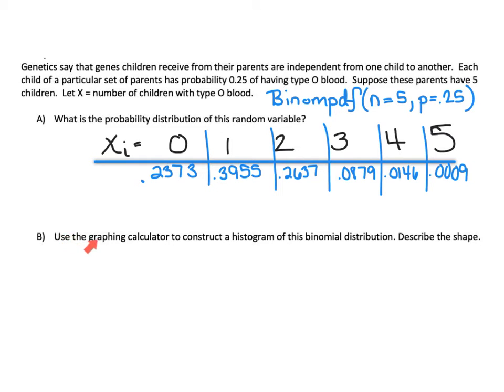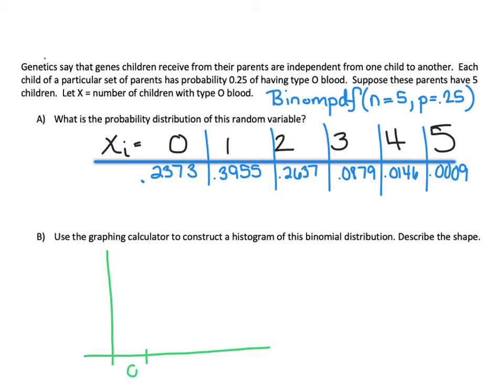Okay, so then we're told to make a histogram of this binomial distribution on the graphing calculator. I'm going to just show you what I mean by hand, and then I'll illustrate how to do this on the graphing calculator.